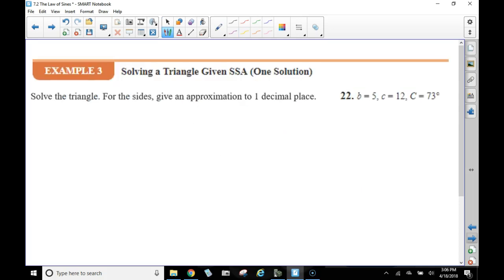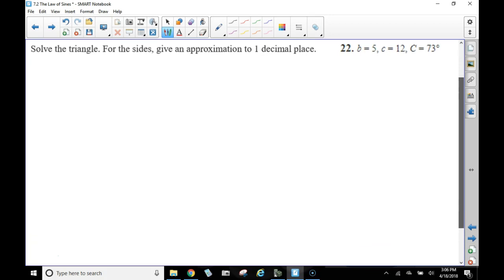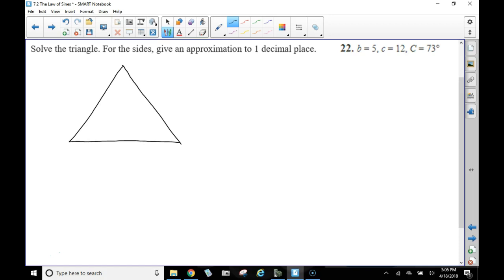Now, pretend like you don't know what the title of that is. This looks like just anything else where we are going to solve the triangle. So I'm going to draw me a little reference triangle. I'm going to write my givens here. Side B is 5. That means this guy down here is angle B. Side C is 12.